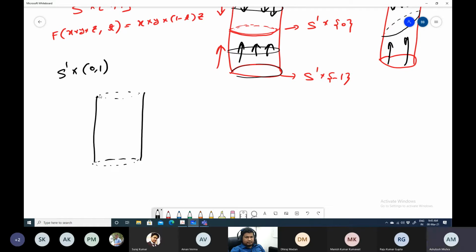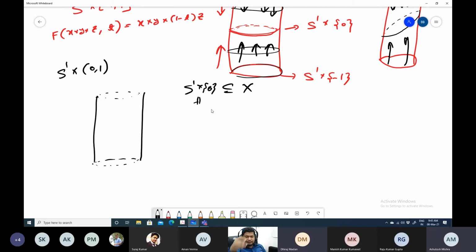Yes, sir. But the boundary circle is not a subspace of that one. It's just an open cylinder, so S1 cross 0 is not a subset of this X. So how can you choose? Your A needs to be a subspace of X, right?